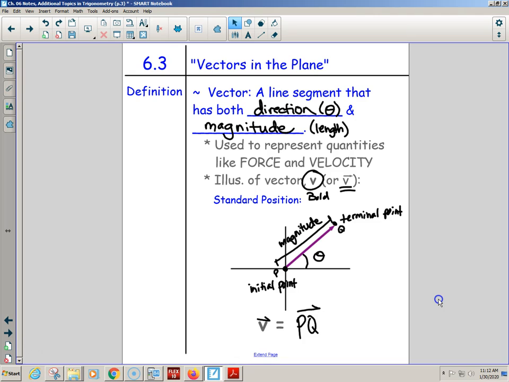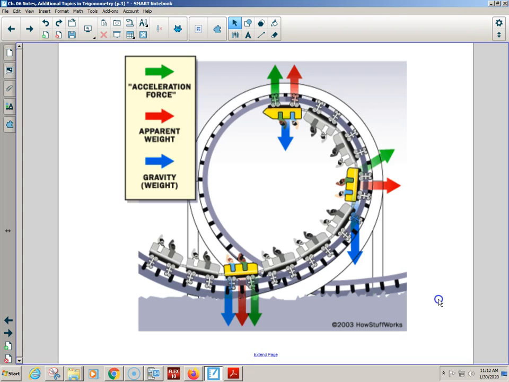Now, in getting to this page, I breezed past a couple pages having to do with roller coasters. Here's one I just stole off Google a couple years ago that kind of shows vectors, but if you notice, they're labeling it with forces: apparent weight, gravity, actual weight, and acceleration. They're showing these arrows, but this is actually a very imprecise picture.